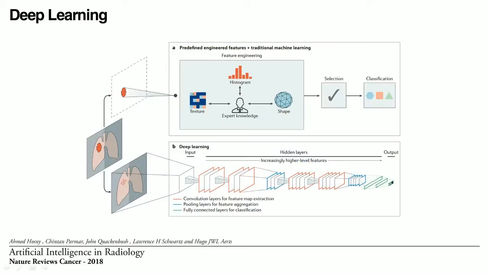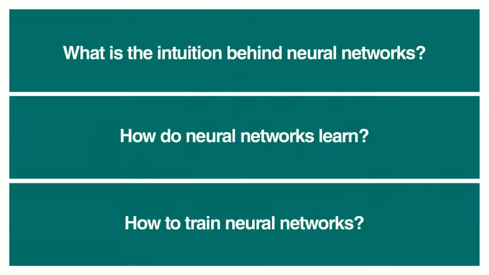And this shift is mainly fueled by the underlying methods themselves, where we've replaced the combination of feature engineering or handcrafting plus traditional machine learning with deep learning methods that learn from experience and thus identify the relevant features automatically. And so in this talk, we'll be getting to understand the intuition behind neural networks. We'll explore how these systems learn. And finally, we'll be able to identify the methods and best practices for training them.